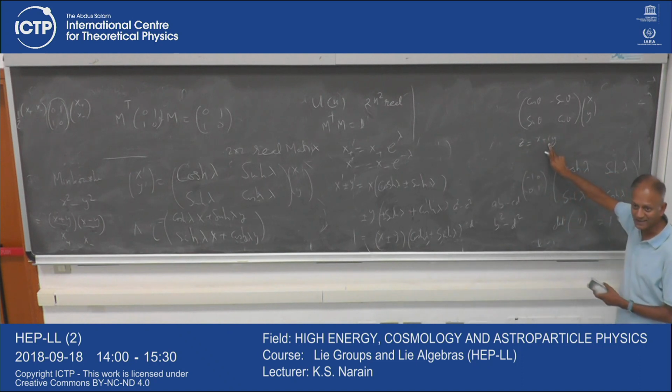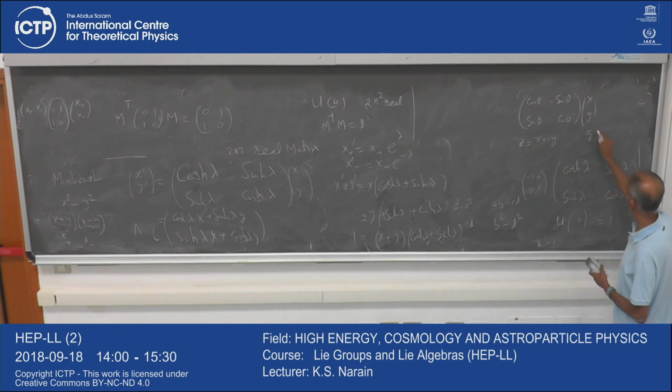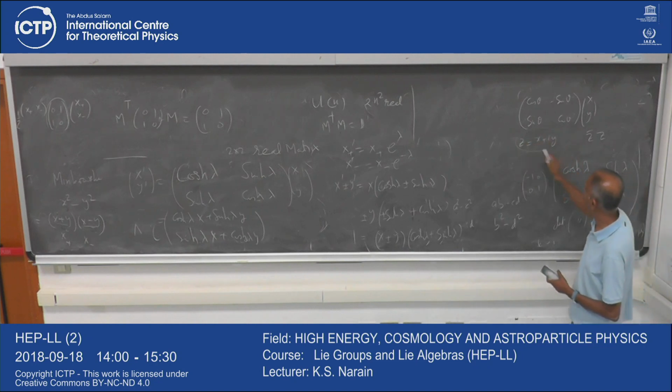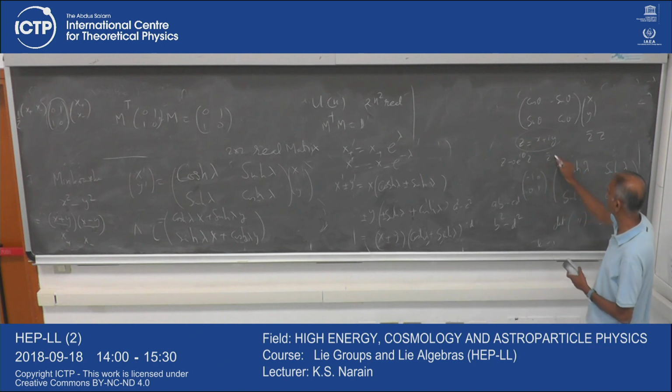And now you see I have an i here. In terms of z, the length squared was z bar z. And in this case, the transformation was very simple. z goes to e to the i theta z. And of course, z bar, the complex conjugate of that, goes to e to the minus i theta z bar.